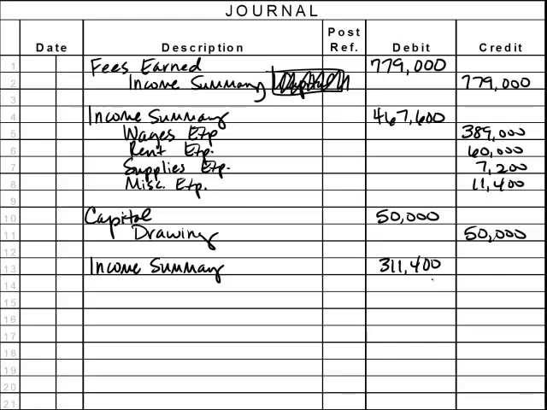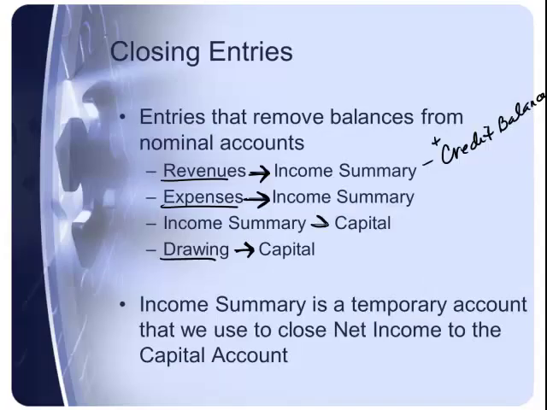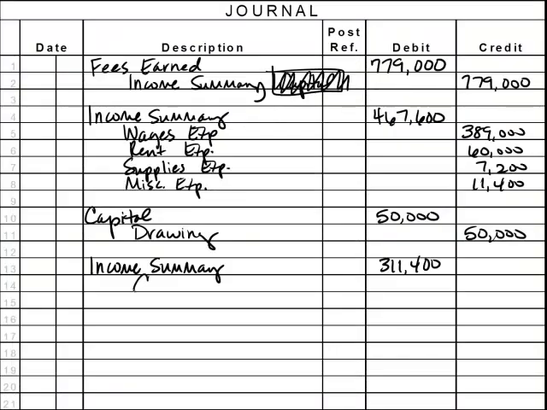Looking back at our rules, we close income summary to capital. So that's going to be our other entry. Credit capital, $311,400. What is that credit doing to capital? Up or down? Making it go up. So we're shifting net income into the capital account. We're adding it to the equity, to the net worth of the business.